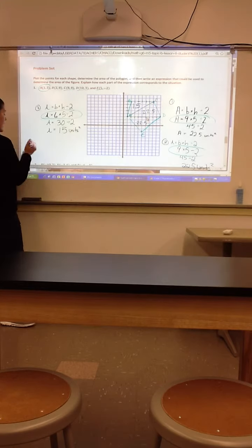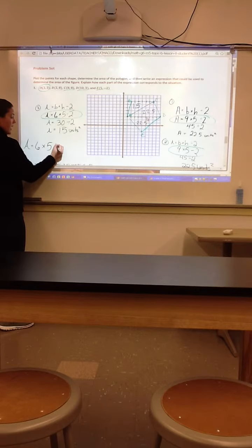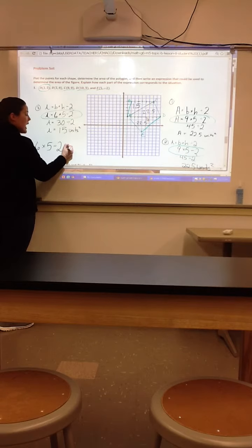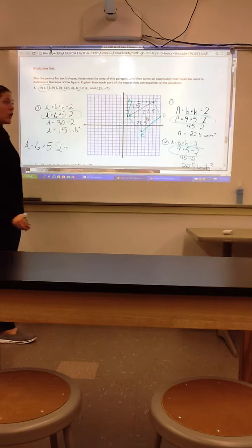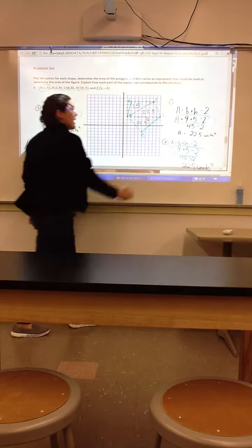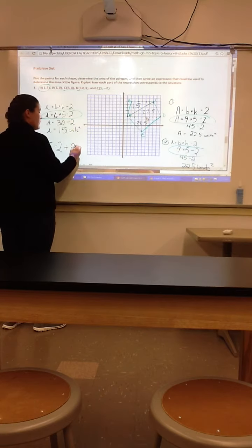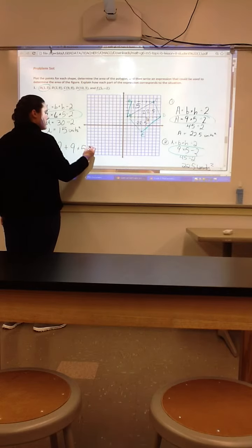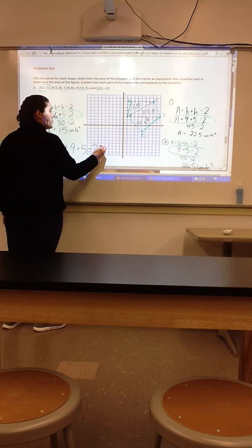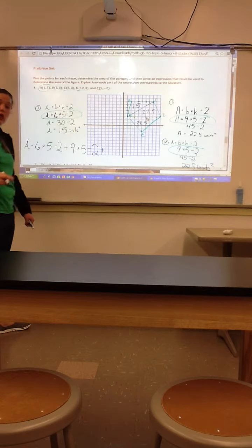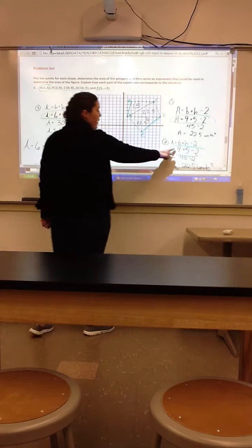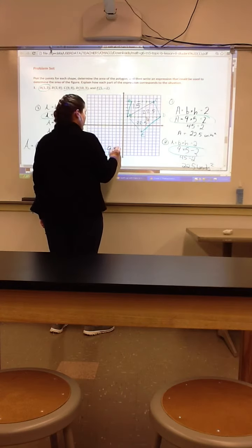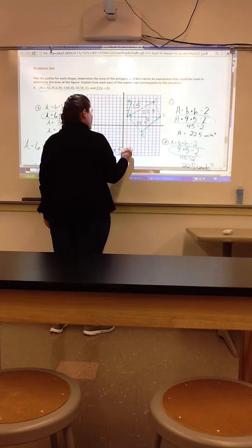So I'm going to say that my total area for the shape is going to equal 6 times 5 divided by 2, plus the area of my second triangle, which was 9 times 5 divided by 2, plus the area of my third triangle, which was also 9 times 5 divided by 2.